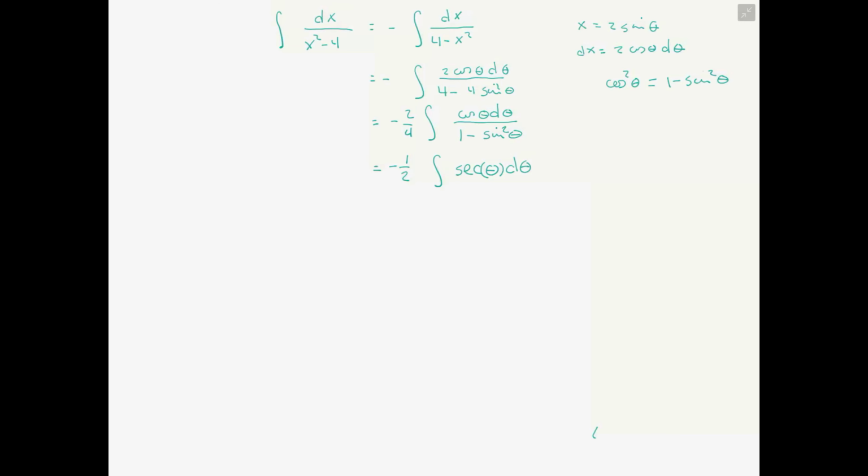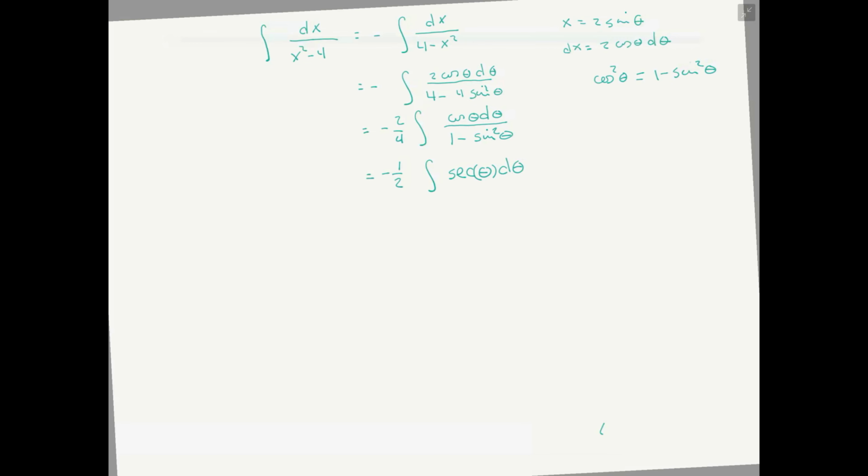And now we have a trick that we can do for the secant of theta. Just a minute.